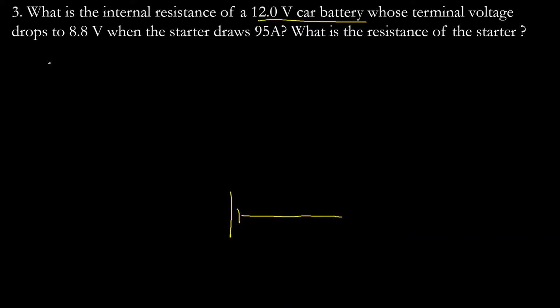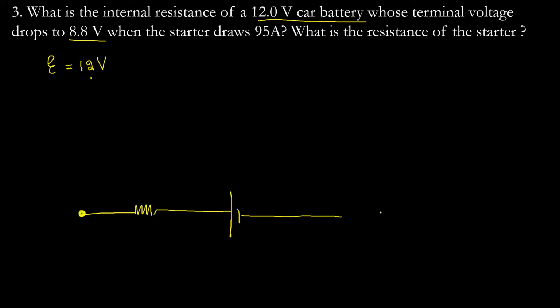In other words, they have said that the EMF of the car battery is 12 volts. However, when it is connected to the starter and when the starter draws 95 amperes, the terminal voltage of your battery is no longer 12, it is 8.8. We know that happens when there is an internal resistor in the battery.